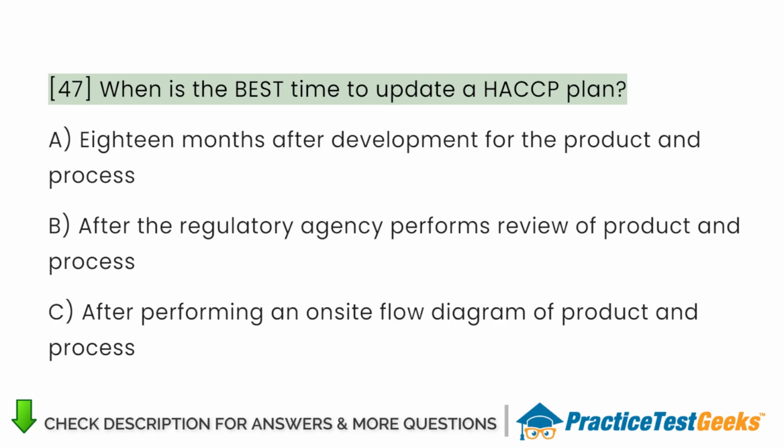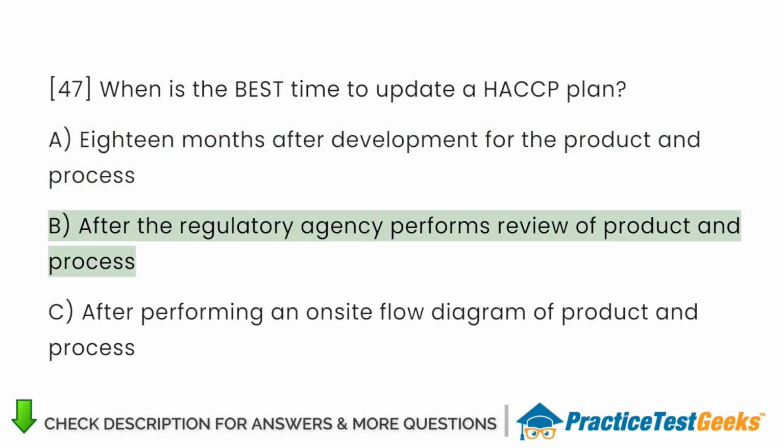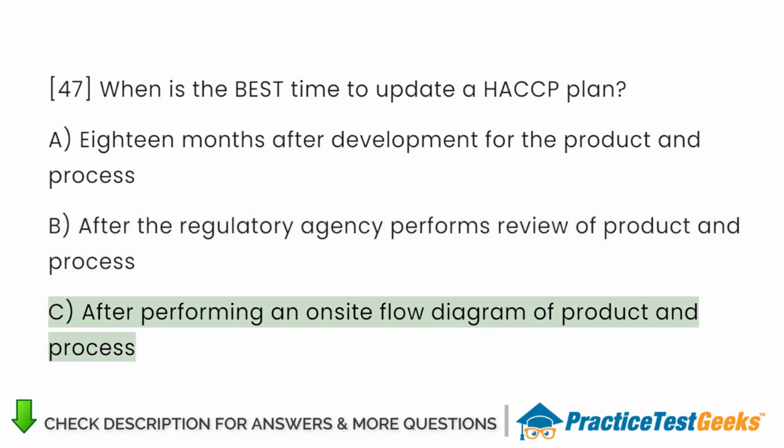When is the best time to update a HACCP plan? A. 18 months after development for the product and process. B. After the regulatory agency performs review of product and process. C. After performing an on-site flow diagram of product and process.